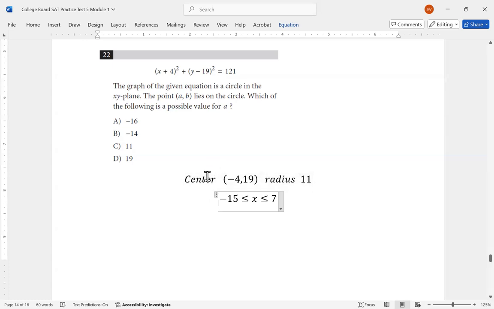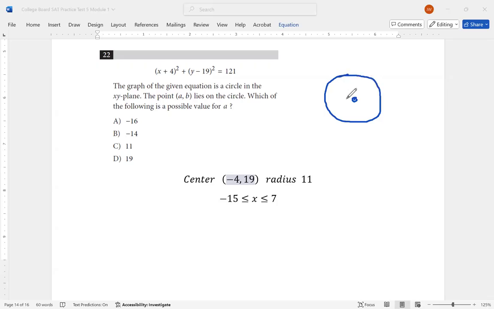The only option for x values in that range of our options is B, negative 14. Hopefully that makes sense. The logic is saying we have our center, and we have a circle around that center. So the x values can go only a maximum of the radius left and a maximum of the radius right.